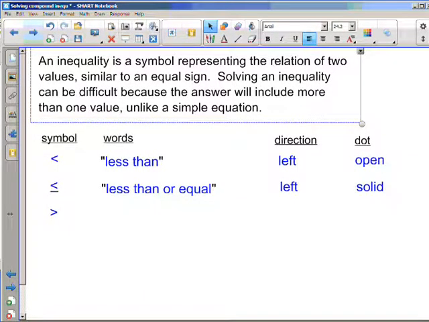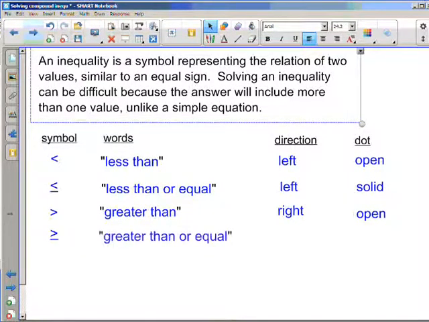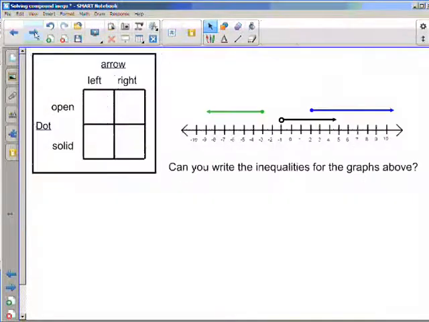This symbol, greater than, would draw an arrow to the right and would be open because it doesn't have an underline, the or equals part, and then this one is greater than or equal, going to the right, and it's solid. So in practice, we would see these types of images, and that's what the open dot, solid dot, left and right will be.